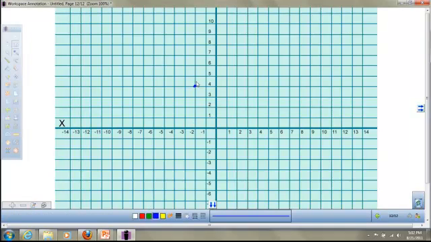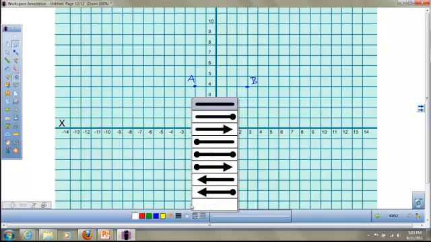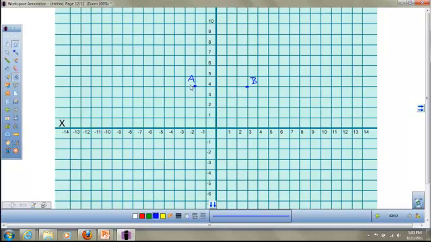So there would be my A. B is at 3, 4. And we're going to connect these two. Here we go, connect the dots.